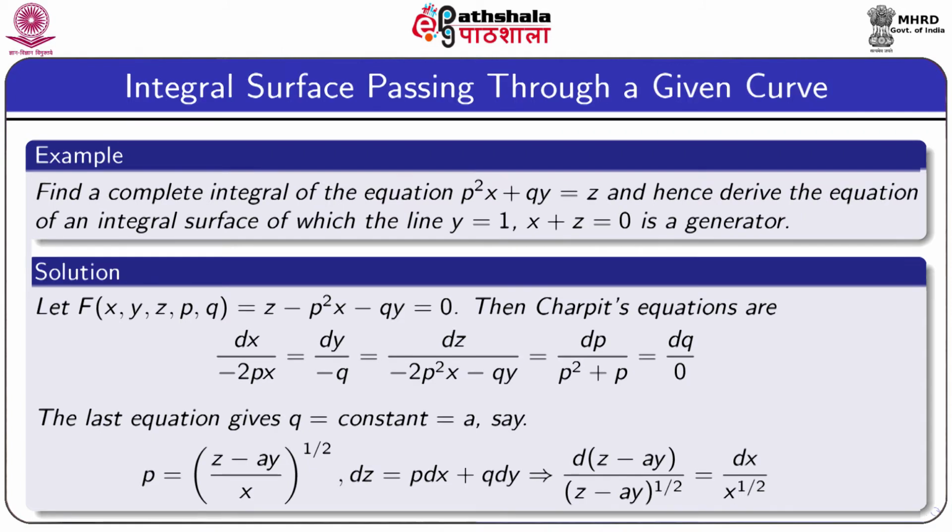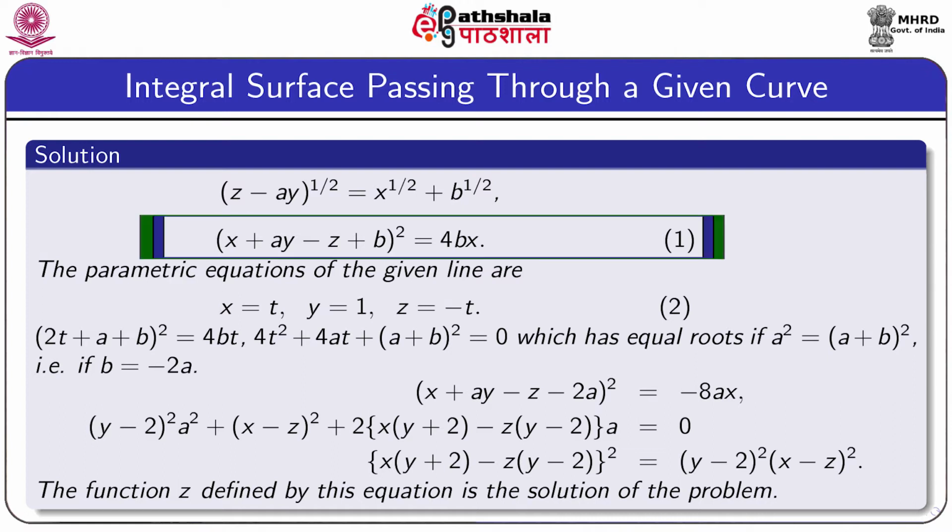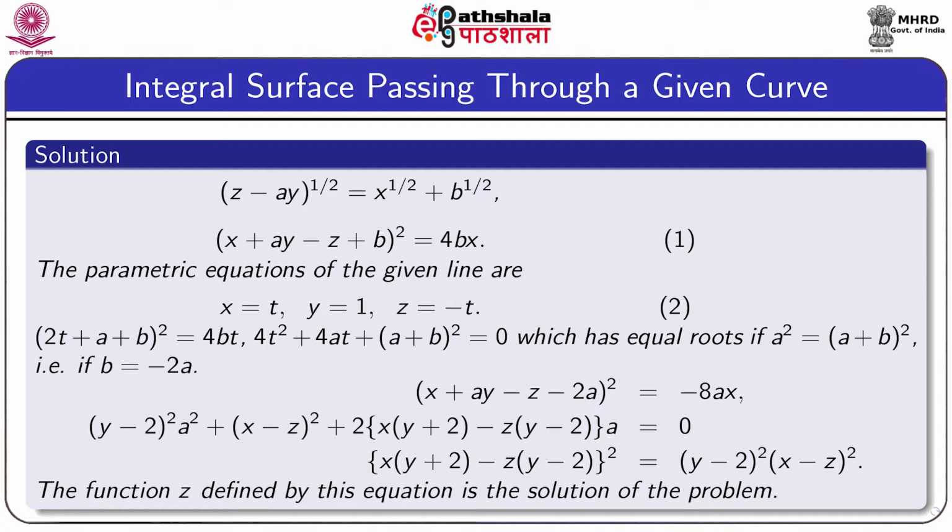So, after integration, we get the relation (z minus ay) to the power half equals x to the power half plus b to the power half, where b is an arbitrary constant, and that equation can be written in the form (x plus ay minus z plus b) whole square equals 4bx. Now, this equation involves two arbitrary constants a and b.